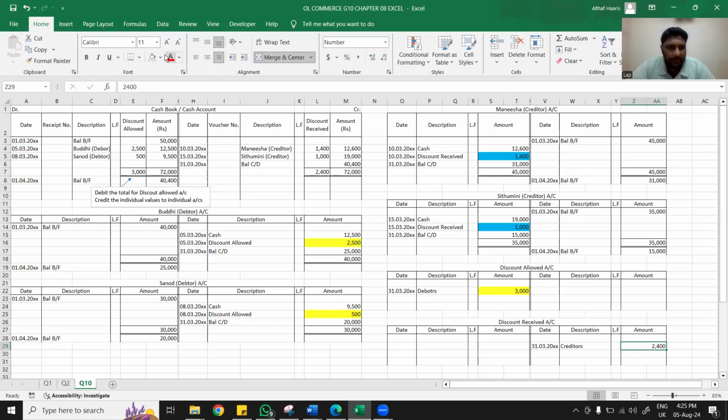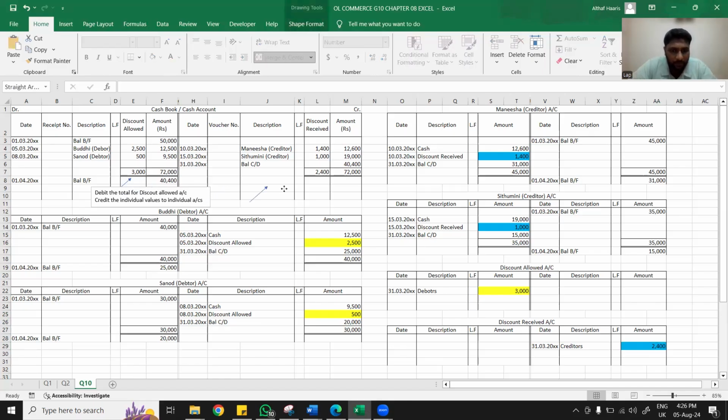So now you can see here debit, discount received, credit. Discount received is an income account. That's why it is credit. So here also the same. Let me give the same note for this value.